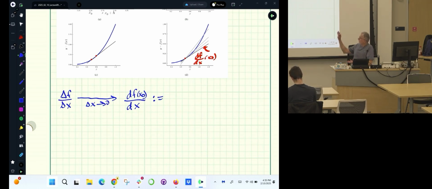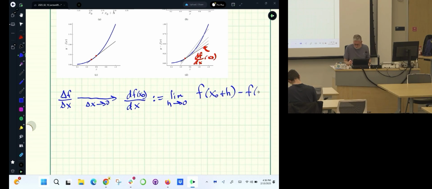Okay, so this is like we were doing with integration. The delta f's and delta x's go to df's and dx, which denote infinitesimal variations, whereas the deltas are non-zero variations. And then we have the limit as h goes to 0. It's a double-sided limit. f of x0 plus h, so there's the rise.